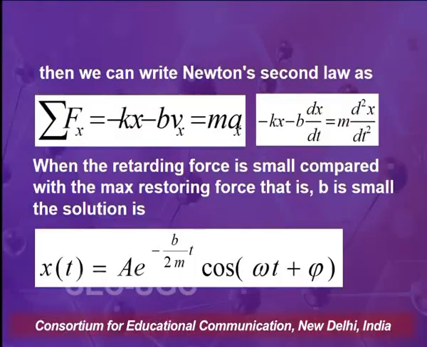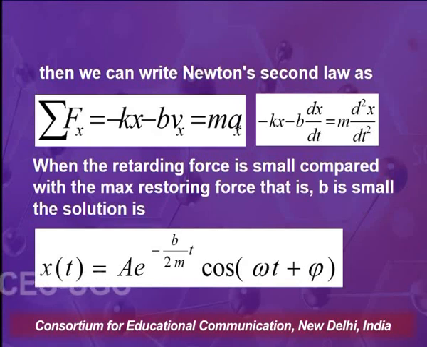So we put the velocity and the acceleration in terms of the displacement, and we get this equation: minus kx minus b dx by dt equal to m d square x by dt square, where dx by dt is the velocity and d square x by dt square is the acceleration.